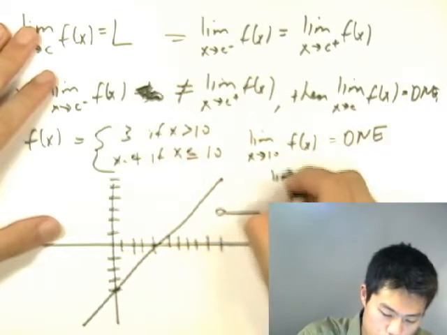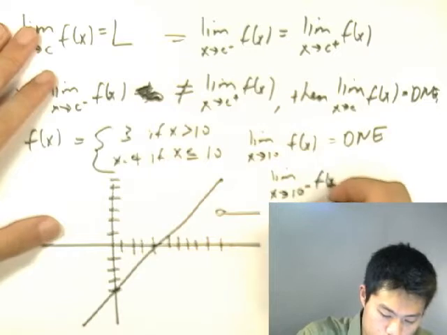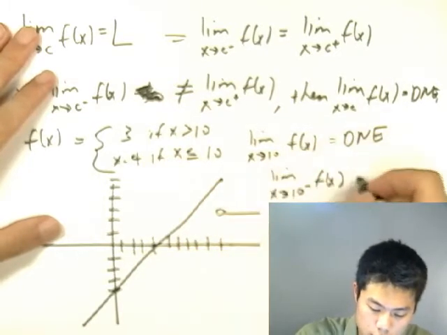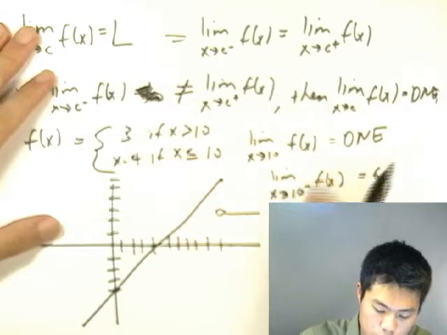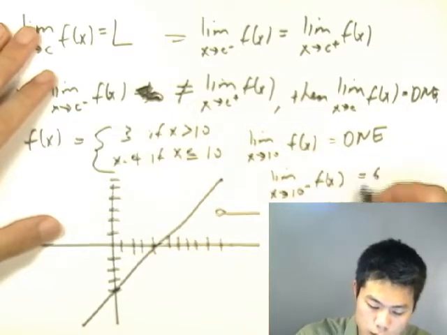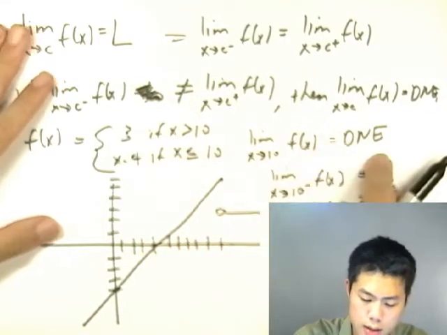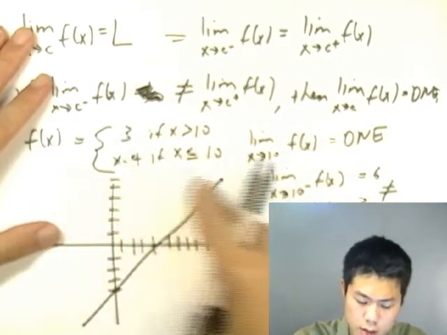If we want to write it out, we would do this. The limit of f of x as x approaches 10 from the left is equal to 6. The limit of f of x as x approaches 10 from the right is equal to 3. These two numbers are not equal to each other, and therefore the limit does not exist. Notice that the limit only does not exist for this function at x equals 10.